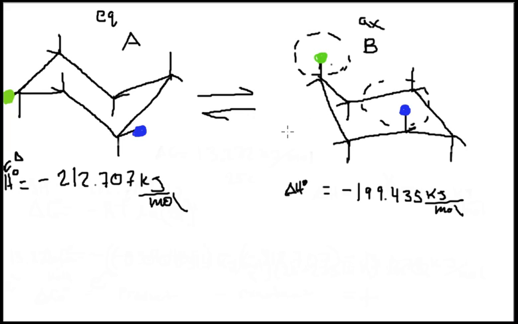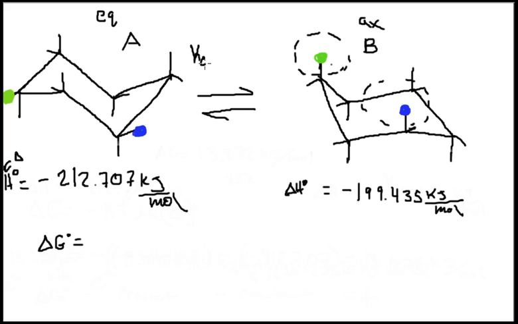You can look into that, but they flip-flop between each conformer super fast. So the difference in energy is what we call delta G, and that's the Gibbs free energy.